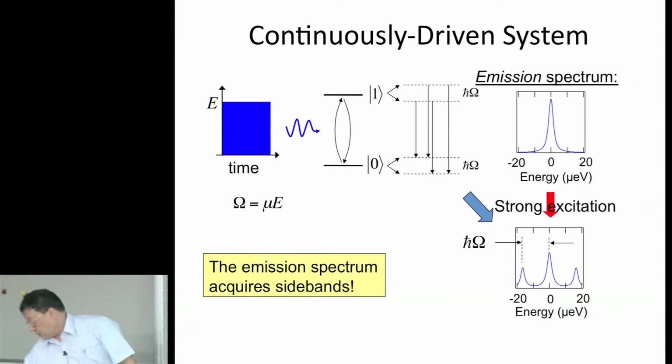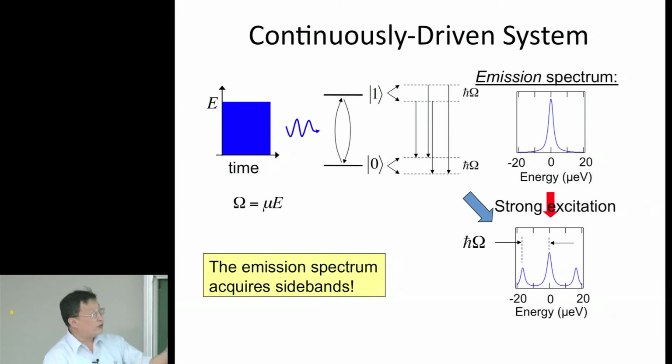If you use a very low drive, so that before it completes the Rabi cycle the exciton already emits the photon, then when you look at its emission spectrum, you will see one single peak, and the width of that is just the lifetime of this quantum dot. But what happens if, before it decays, this goes up and down many times?